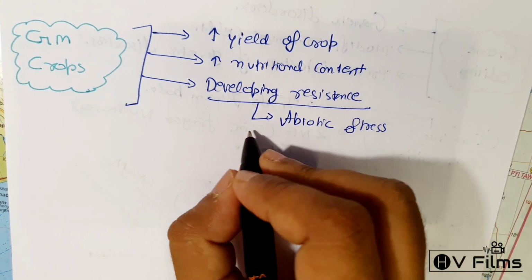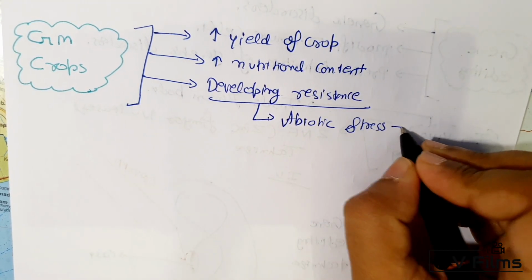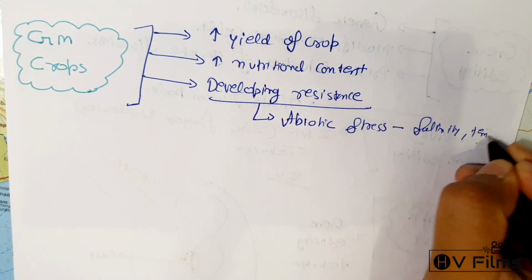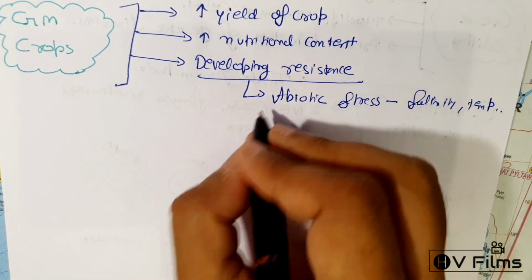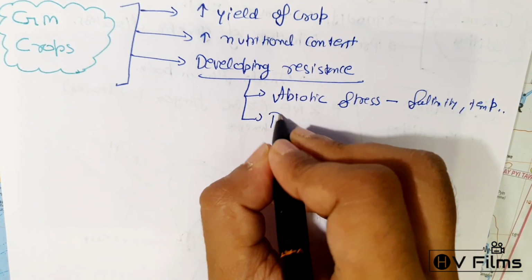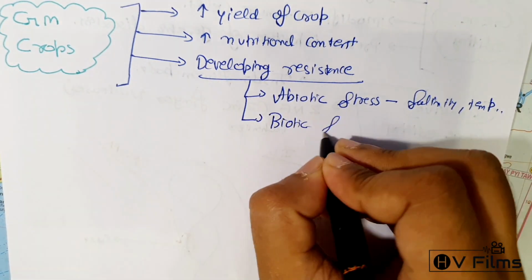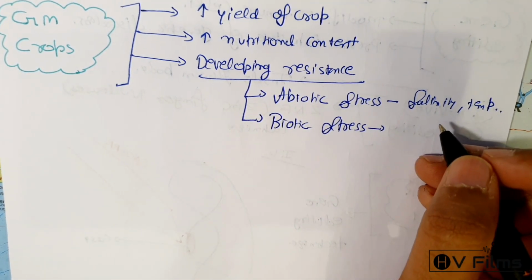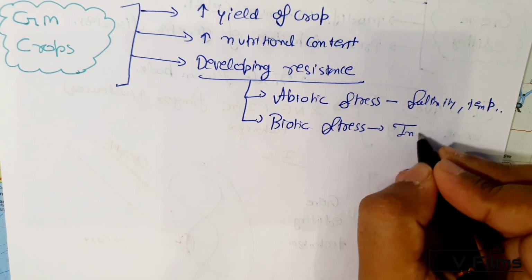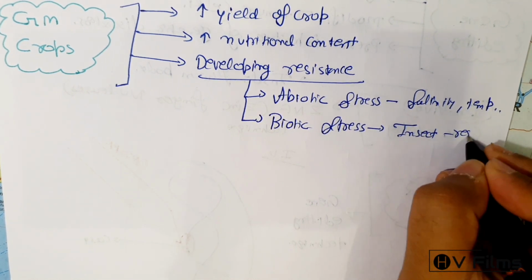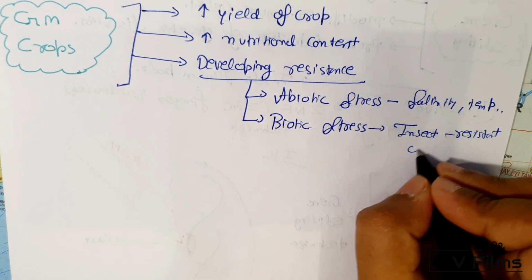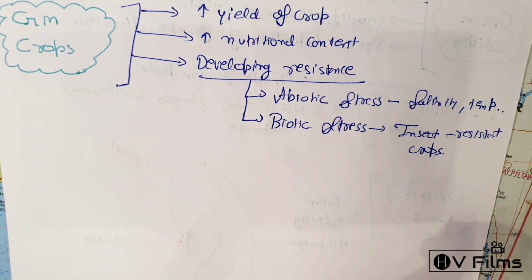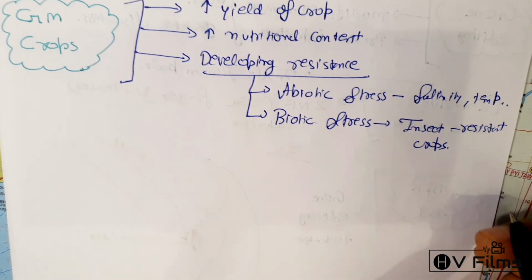You can write it here itself, like salinity, temperature, etc. Or it can also be biotic stress. Biotic stress is something like insect resistant crops. So these can be a few of the properties, and an example can be the BT cotton.